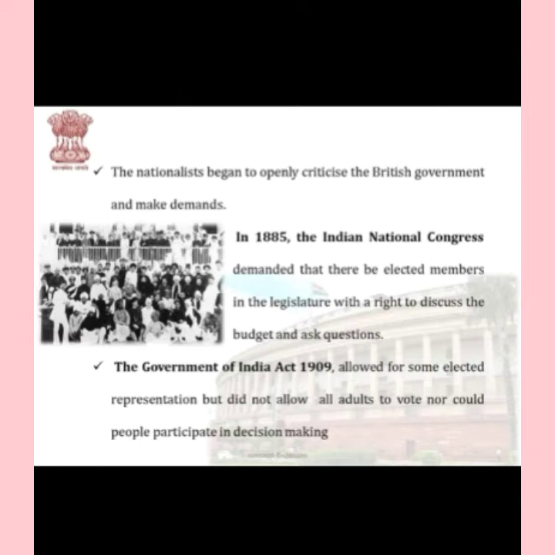Okay, the Government of India Act in 1909 allowed for some elected representatives. But it did not allow all the adults to vote, or make people's participation in decision making. So they just allowed only some members.